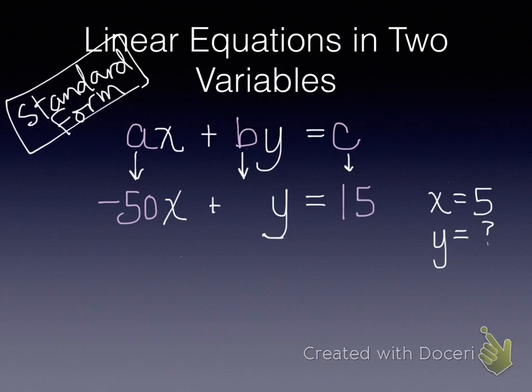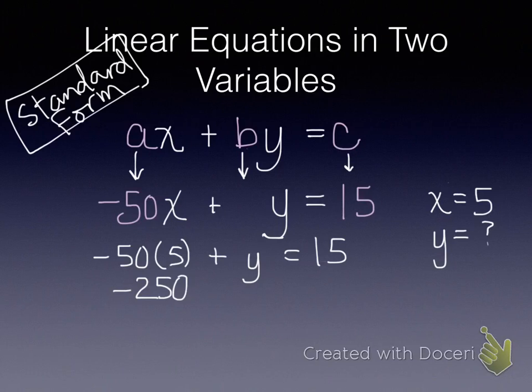If x is 5, I would have negative 50 times 5 plus y is equal to 15. So this is negative 250 plus y. Now if I add 250 to both sides of this equation, I end up with y equals 265.